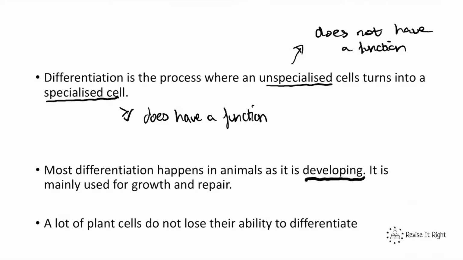A lot of plant cells, however, do not lose their ability to differentiate, and this means they can keep differentiating throughout their whole life. So they can become one cell to another cell to another cell. They don't lose that ability to differentiate.